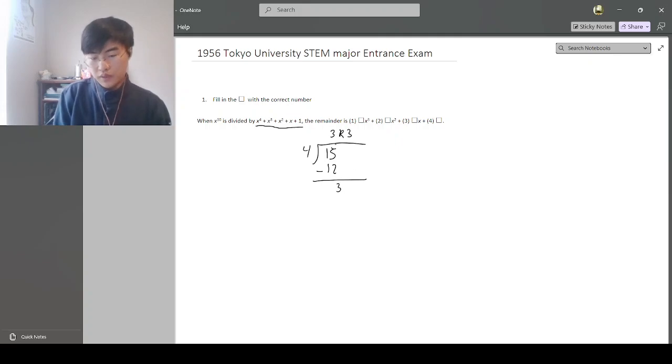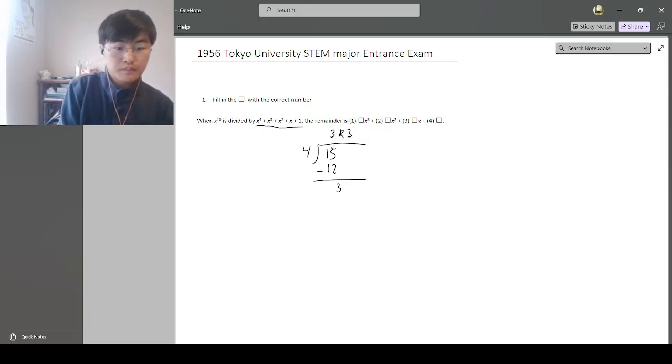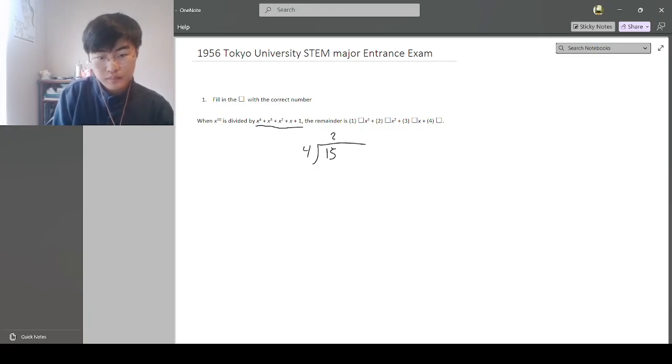But let's say that we chose 2 instead. So we still have a remainder left of 7. 4 is still going into 7, so we can't just say a remainder of 7, because we can still divide 4 into that. So this is the same type of problem, where because x to the third means that we simply can't divide with any number we choose with x to the fourth. That's why our remainder always starts at x to the third.